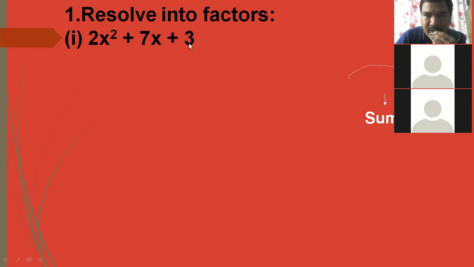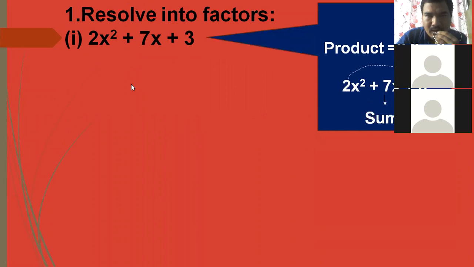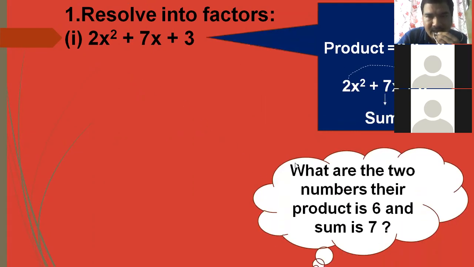If 6 is positive, then we will get this 7 by adding two numbers. Clear, children? Yes, sir. How to get the 7? By adding. Then that is shown here at the side.